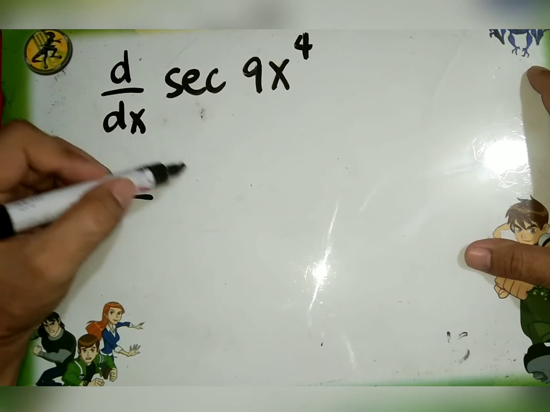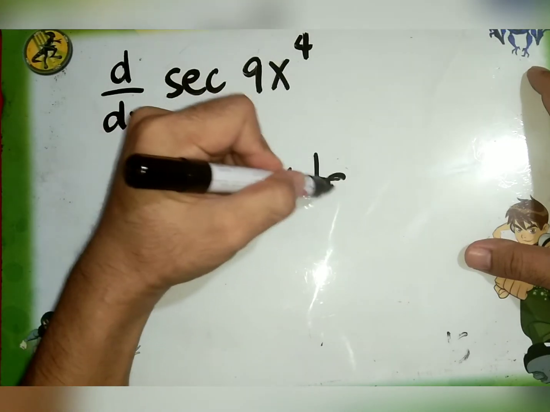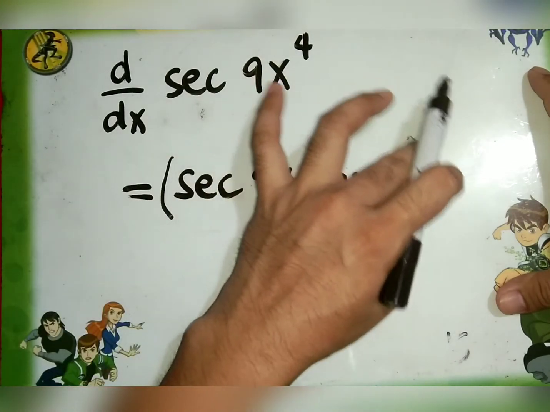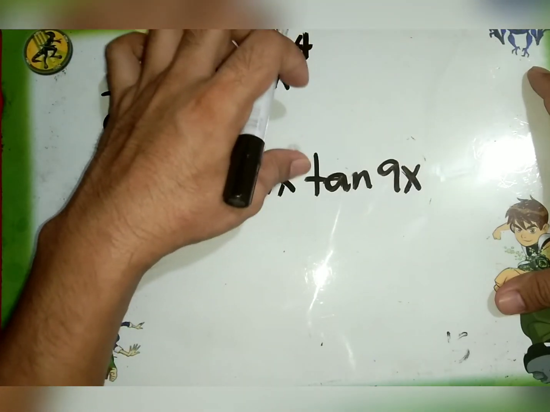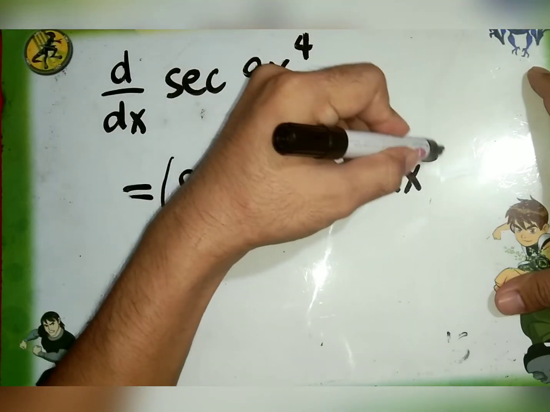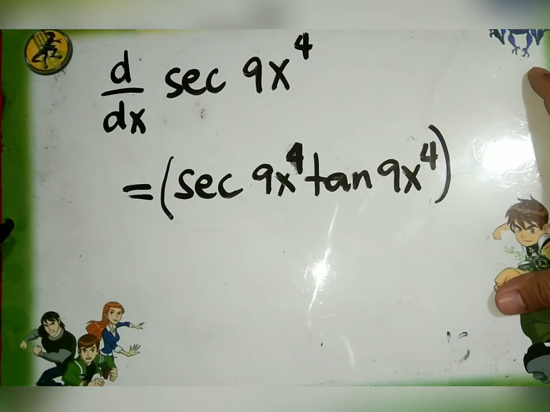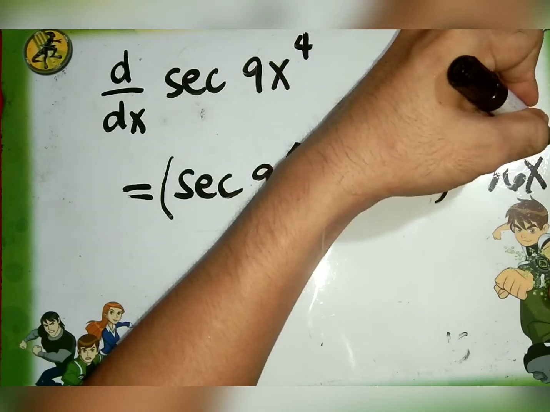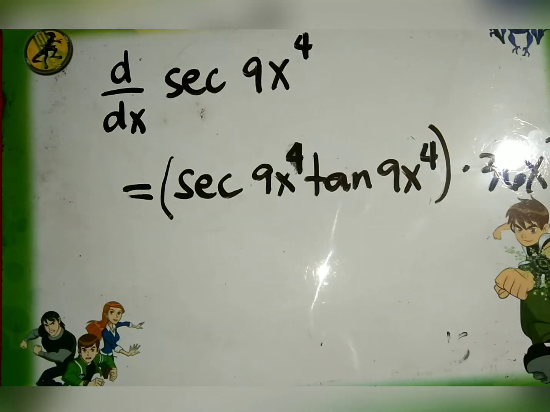So, we have secant, kopyahin nyo lang 9x raised to 4, tangent 9x raised to 4, times derivative ng 9x raised to 4, which is 36x cubed.